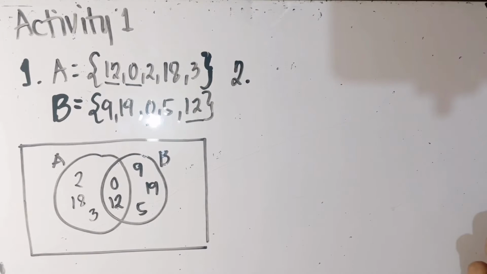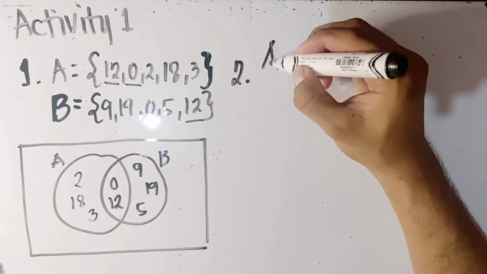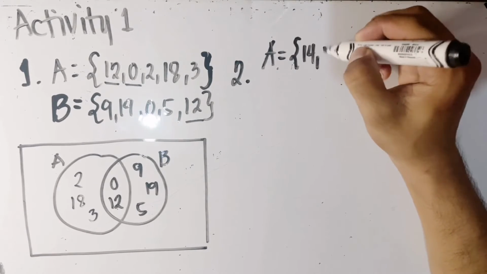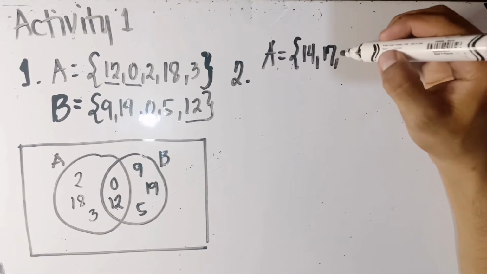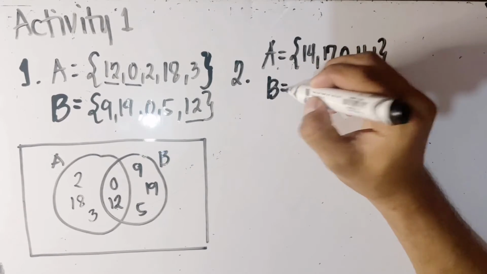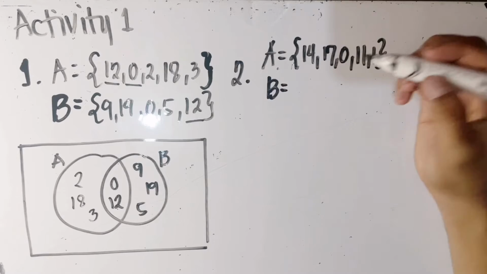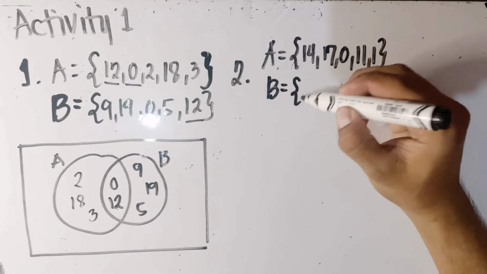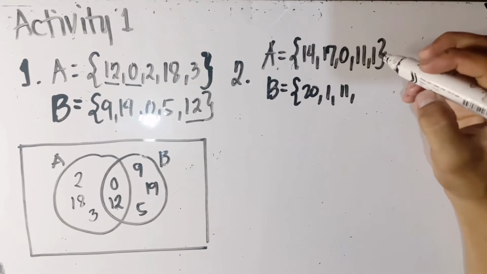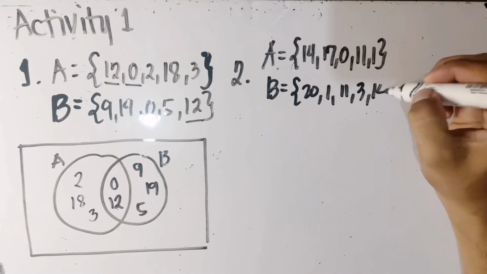2 as another example. If set A is equal to 14, 17, 0, 11, and 1. Set B is equal to 20, 1, 11, 3, and then 14.